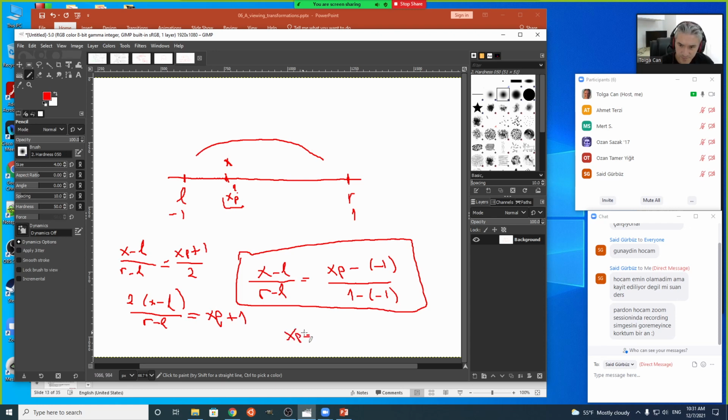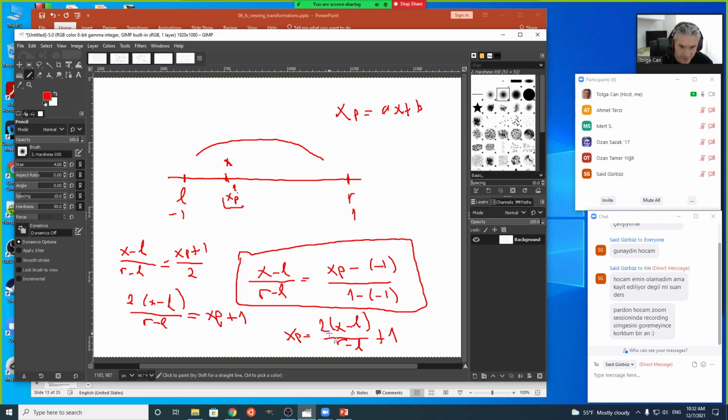XP is equal to 2 times X minus L divided by R minus L, minus 1. Now, I want to arrange this part so that it becomes something like this, ax plus b, whatever the coefficients of x are.